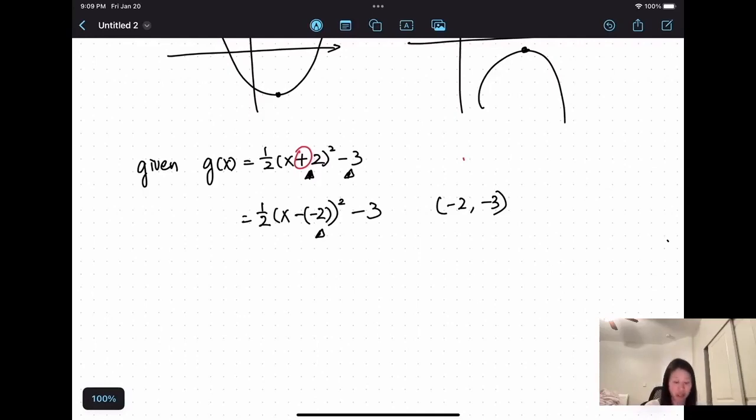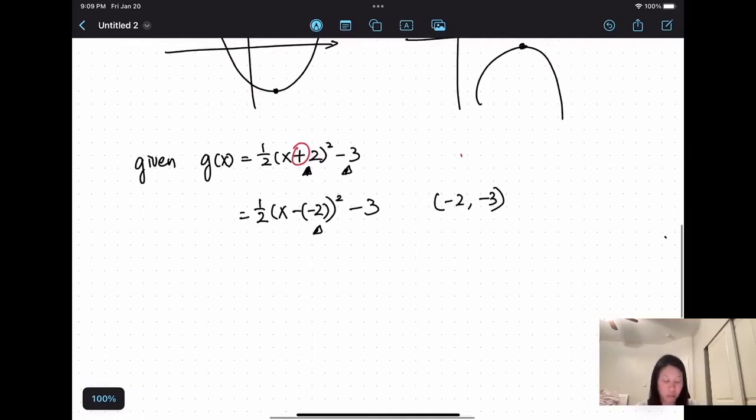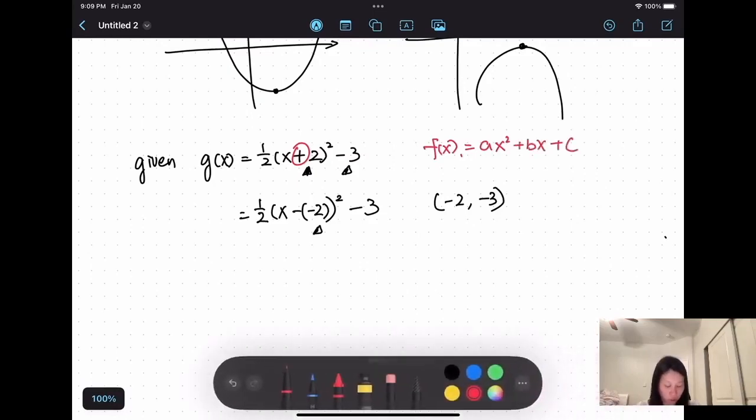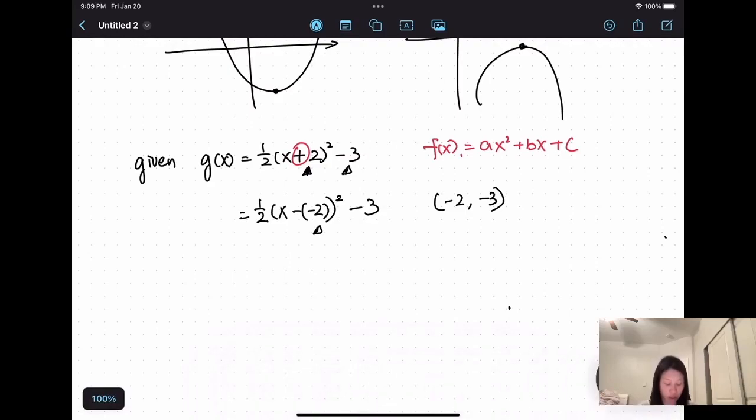Okay, so now I've given you a function in vertex form. How do you convert this into standard form? Remember, the standard form looks like ax squared plus bx plus c. What we can do is just simplify the function. I have g of x equals 1/2 times (x plus 2) squared minus 3.